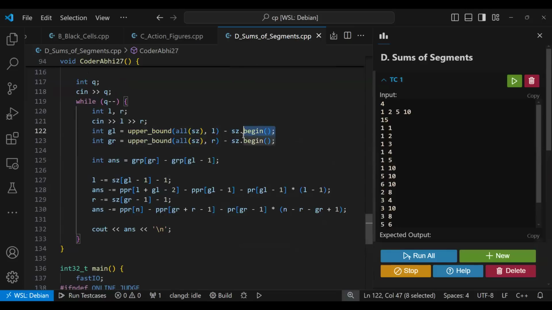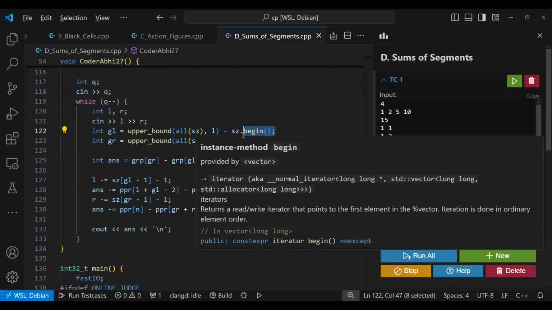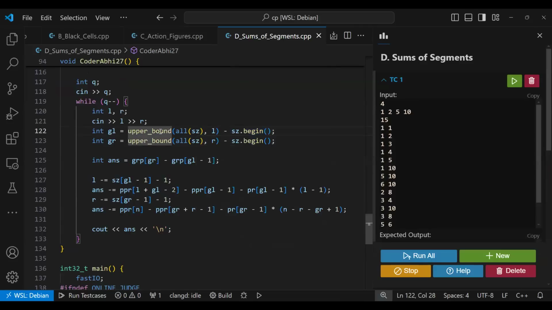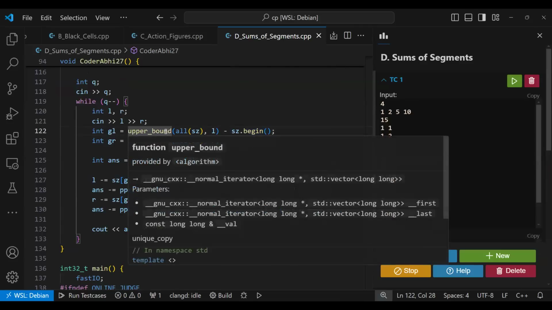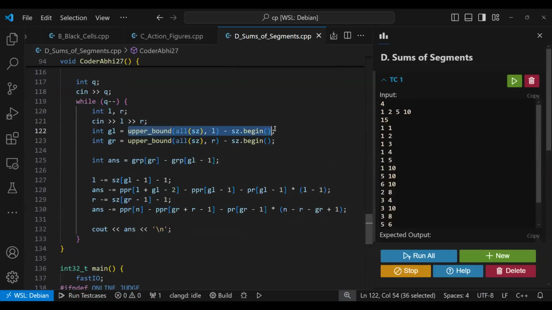So if L is in group 1, it would point to just after size dot begin. So for the first group, if we subtract size dot begin, we would get 1 as our answer.